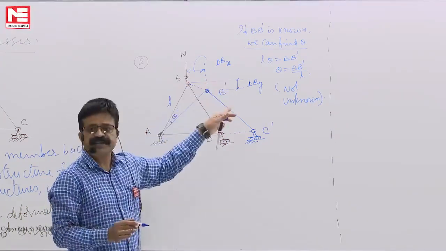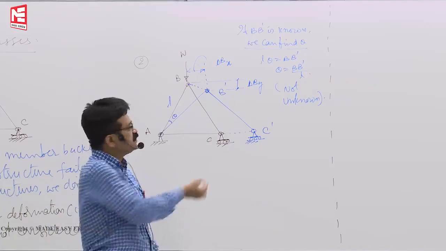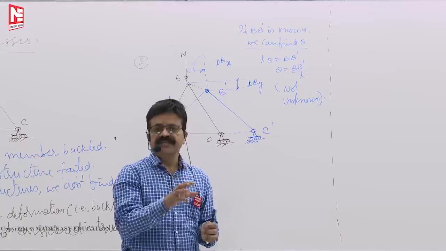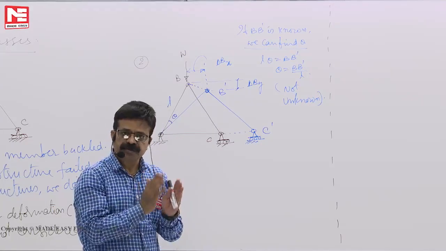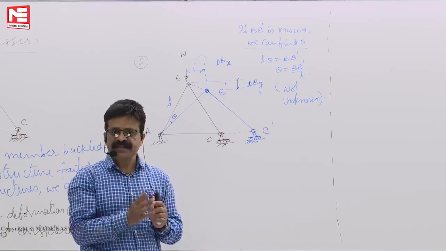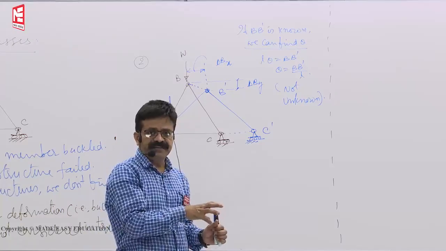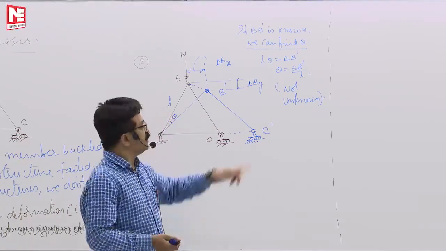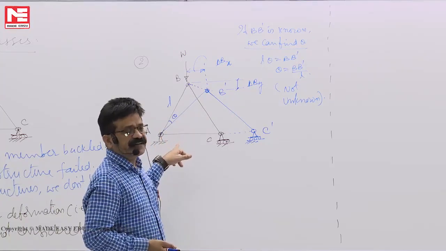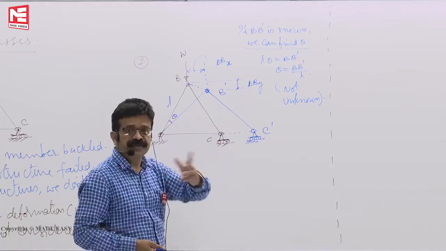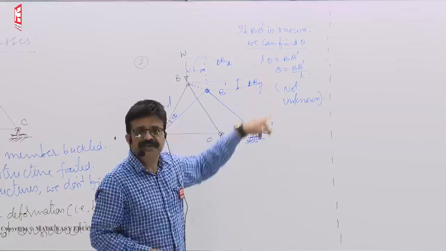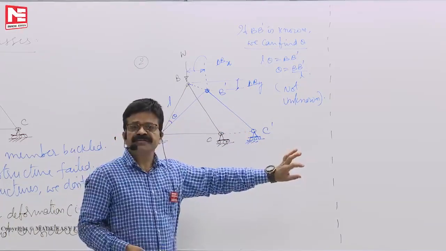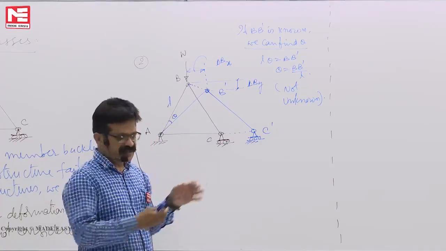If I know delta Bx, delta By, we can find theta B just by simple geometry. The degrees of freedom or number of independent displacements means they should be independent, meaning without knowing them, you cannot proceed further. If I can find theta, that means theta is not independent, it is dependent on delta Bx, delta By. So, this type of rigid body rotation also we will not consider in trusses.